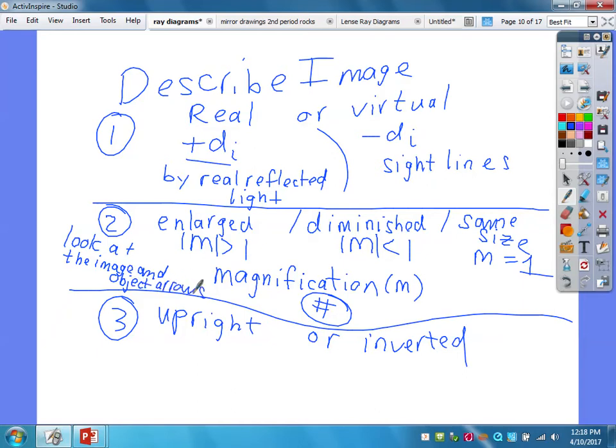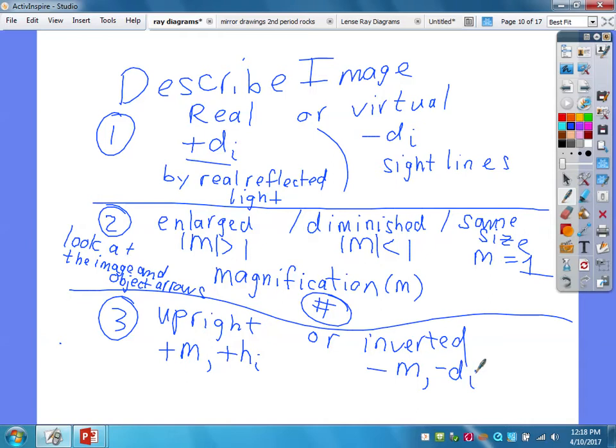Now, if it's upright or inverted, there's 2 ways to figure it out. If it's upright, it's going to be both of these things: it will have a positive magnification and it will have a positive image height. These are all things we're going to calculate: magnification, image height, image distance. I'll show you how. Inverted, you're going to have a negative magnification, which means you're going to have a negative image height.